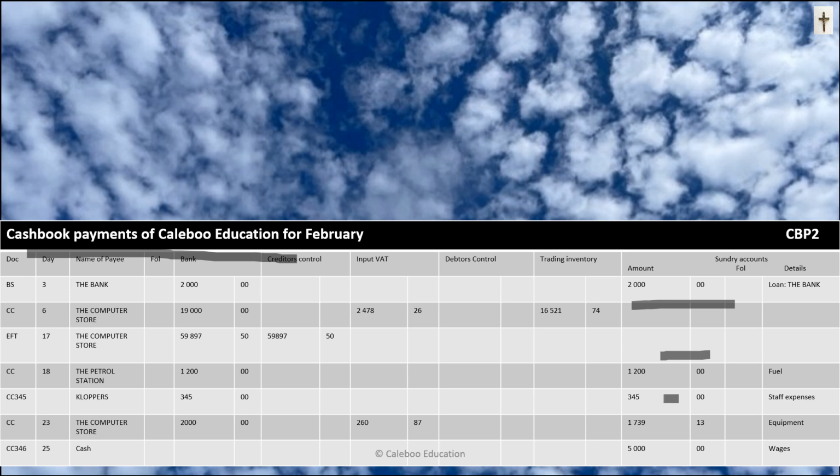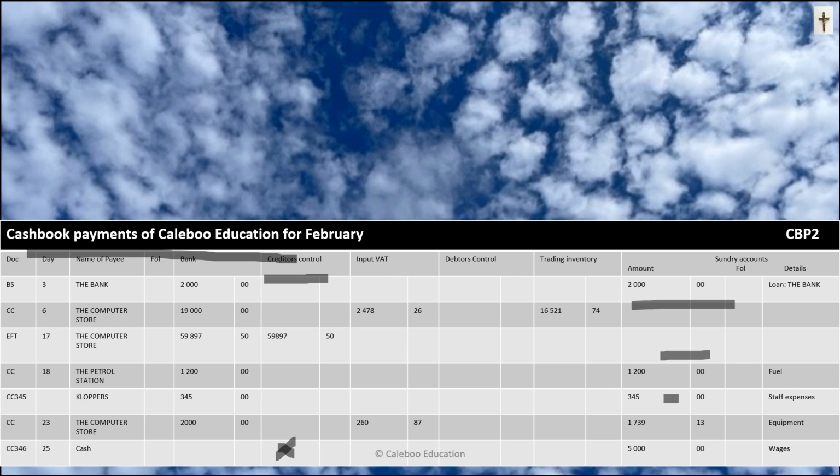If an item, say for example this creditors control account, has its own column, the total is taken on the last day of the month.